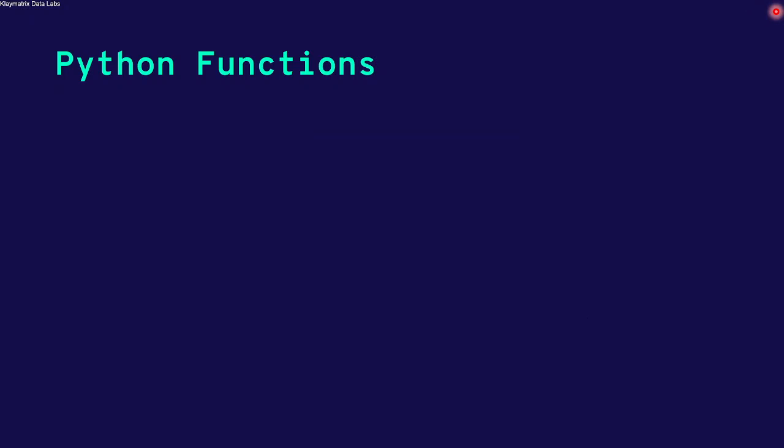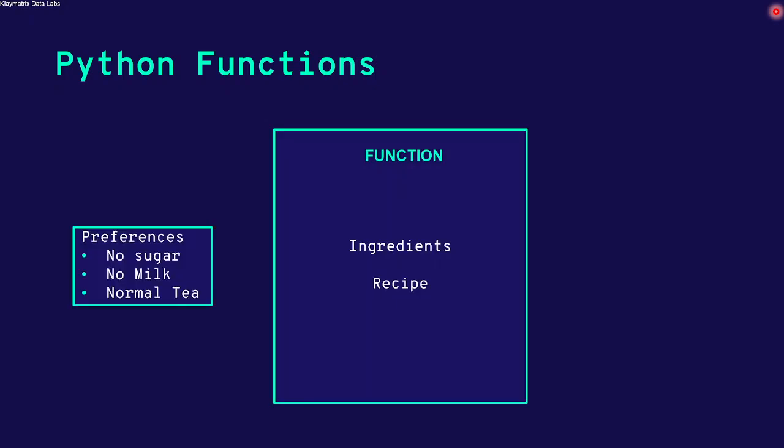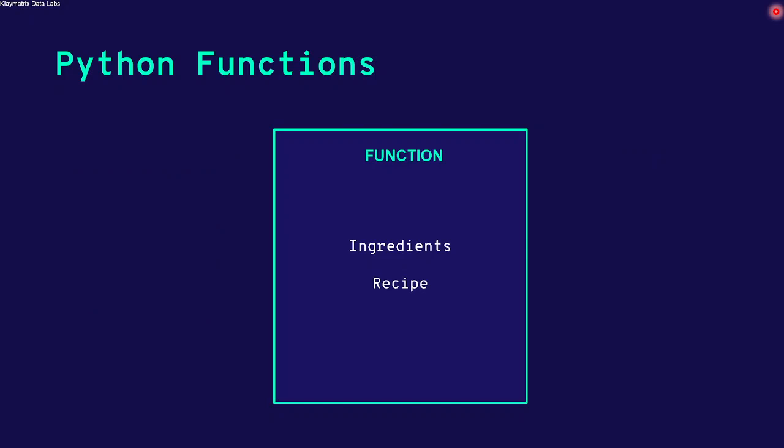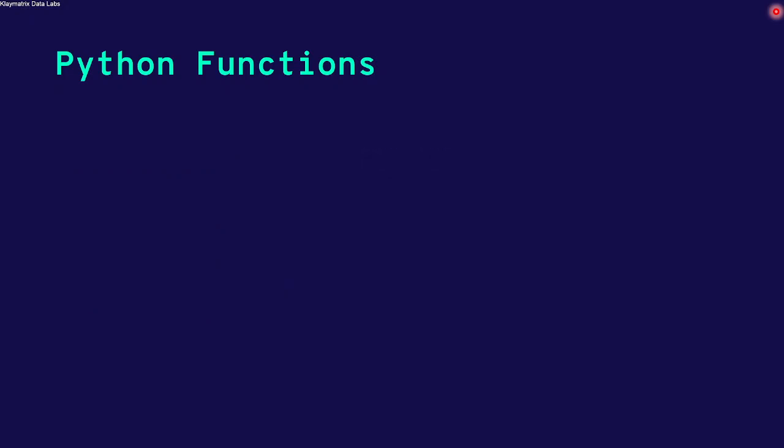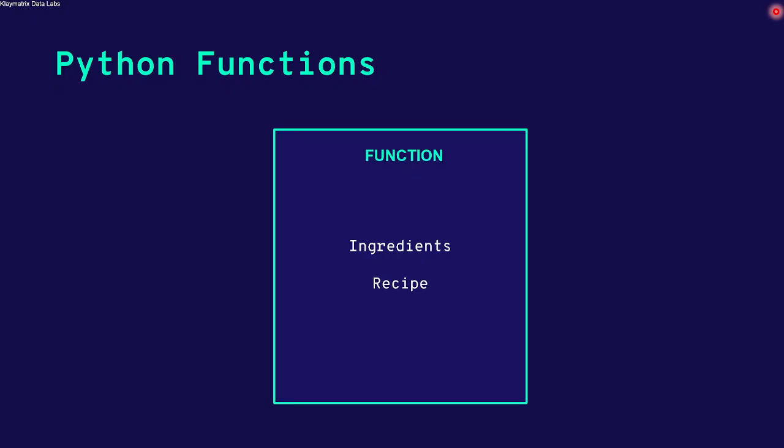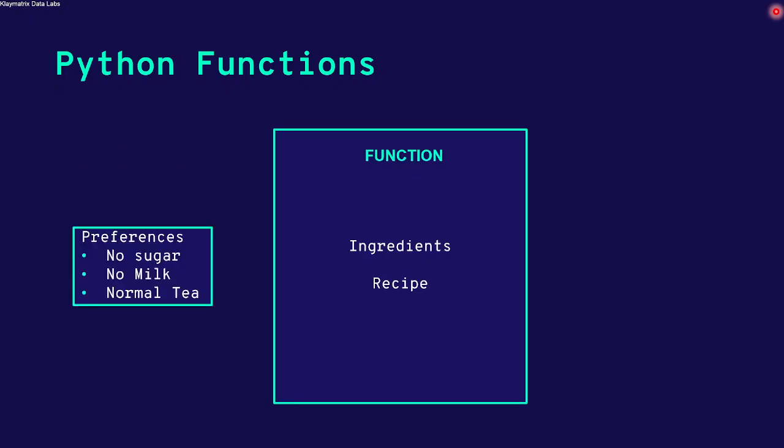Now we saw this example where we had the function, and we passed the input parameters and we got the tea, right? We saw the function in the last slide, and we did all these things by passing input parameters to function calls, and we got a cup of tea as a return or as an output. The function was returning a cup of tea. Now, sometimes the function does not return something.